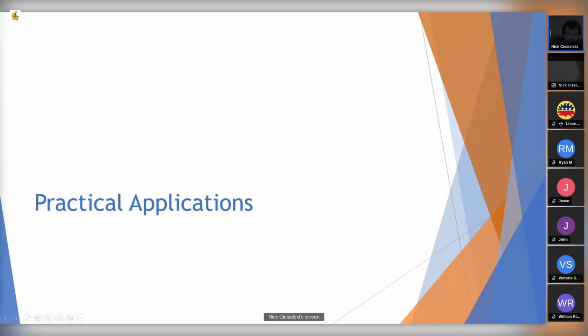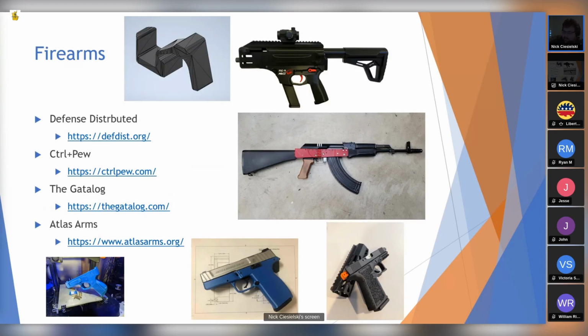One of the most interesting applications I have found is in firearms. There's a whole industry going on as far as firearms. Know the laws in your area, what's legal, what's not. There's all kinds of stuff that are both legal and illegal to make and print.